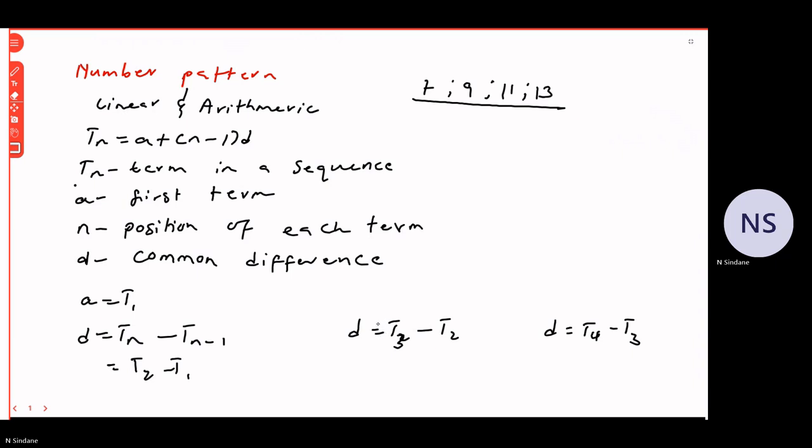And then when it comes to a linear pattern, there are also things that you need to know, like sigma. You need to know what sigma is, which in most cases they write like this, sigma of Tk. This represents the sum of the terms in a sequence.